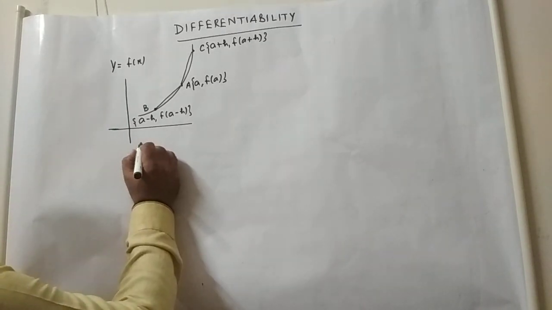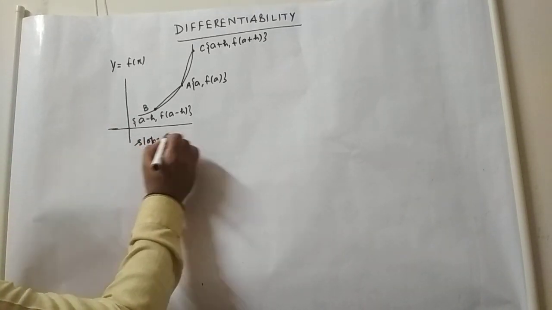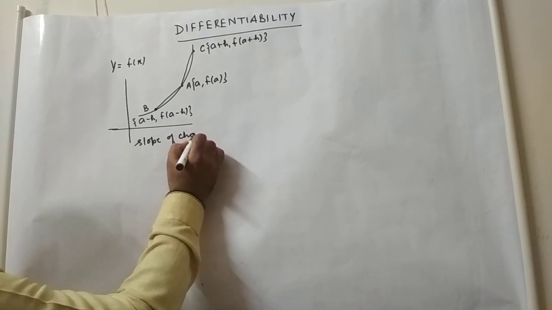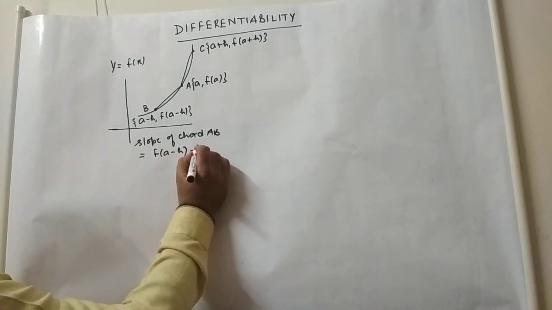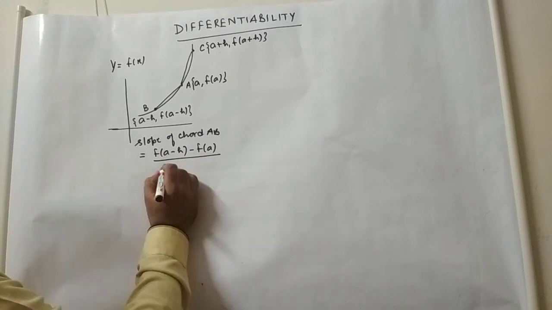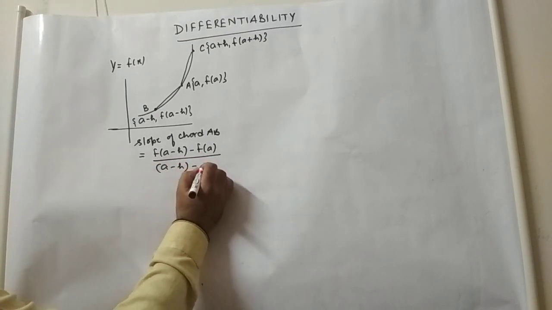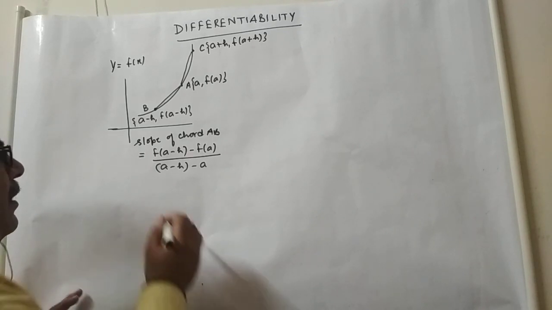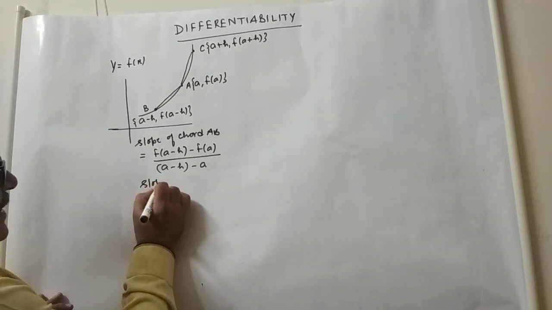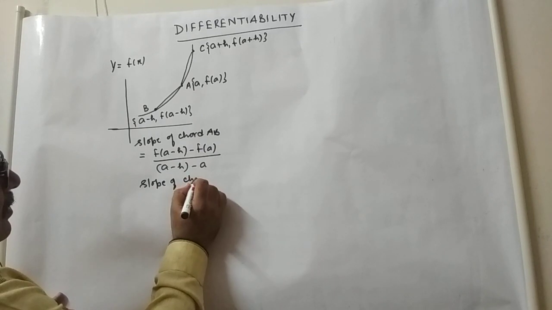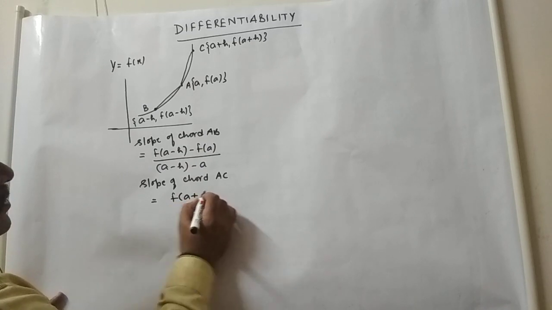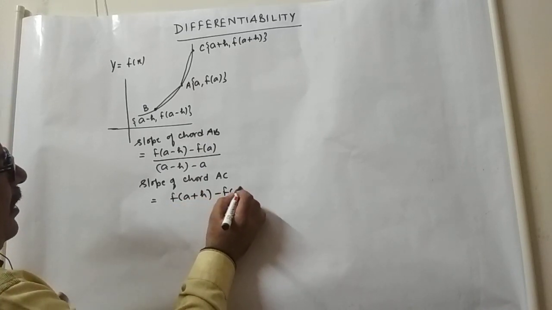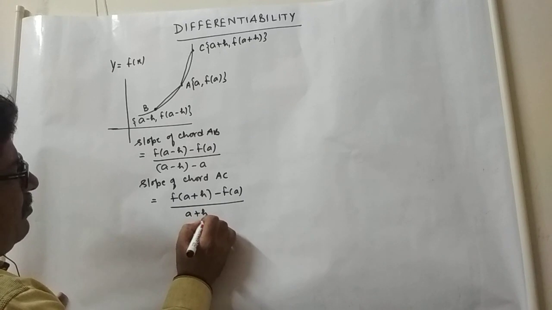So slope of chord AB will be f(a minus h) minus f(a) divided by (a minus h) minus a. And slope of chord AC is equal to f(a plus h) minus f(a) divided by (a plus h) minus a.